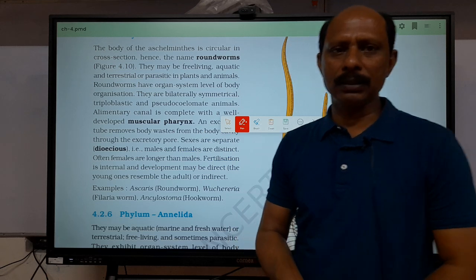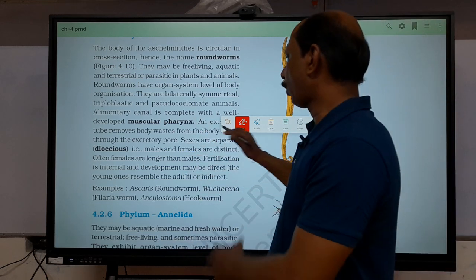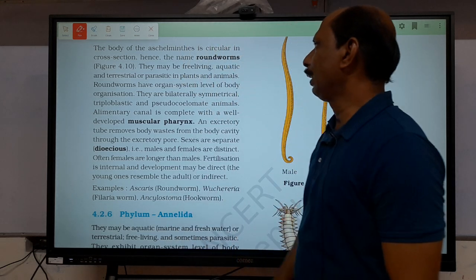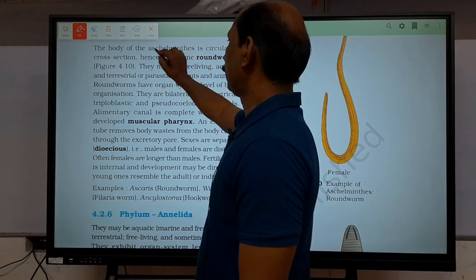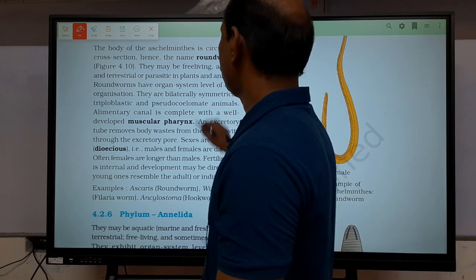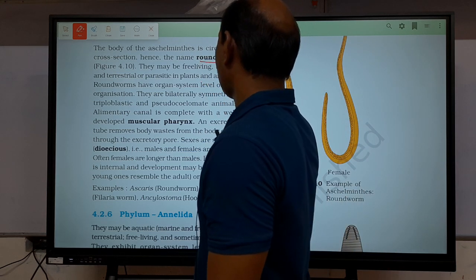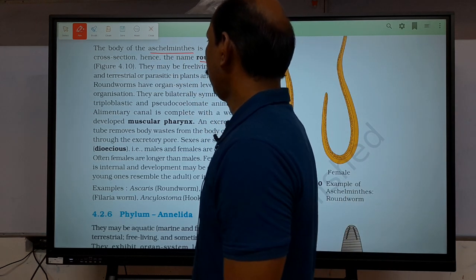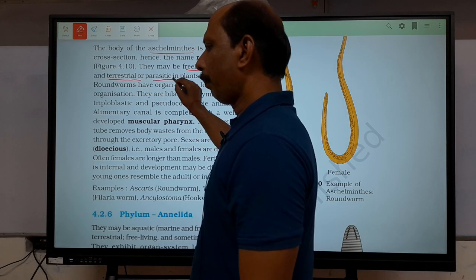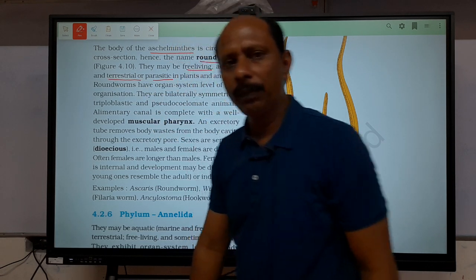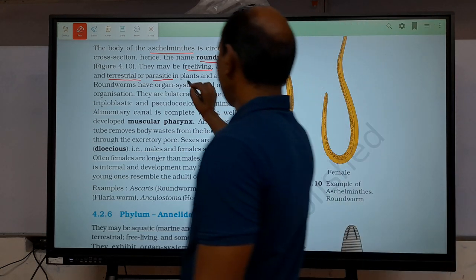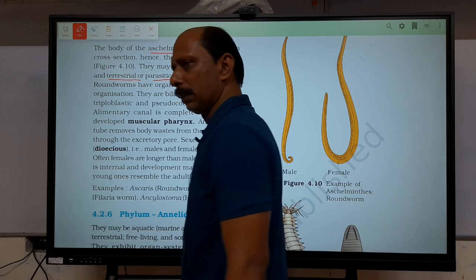Ascus means round, and helminth means worms, so they are commonly called roundworms, right? They may be free living, aquatic, terrestrial, or parasites in plants as well as in animals.